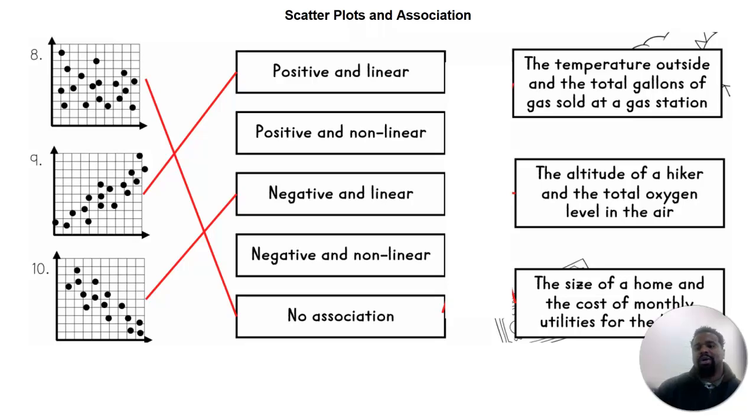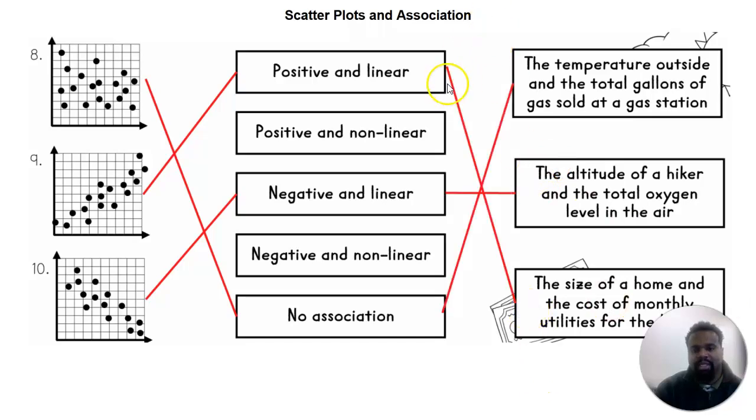So the higher the altitude, the less oxygen is in the air. So as X increases, Y decreases, that might be negative and linear. And then the size of a home and the cost of a monthly utility. Yeah, the more people in the house, the higher the bill is going to be. So that's going to be positive and linear.